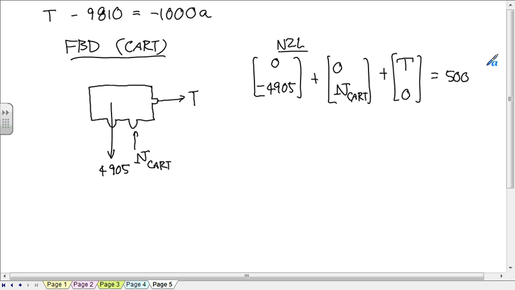So now I'm going to write this as a, 0, where that a is the same variable. Whatever a is, if it has a downward acceleration of 5 meters per second squared, then the cart is going to have an acceleration to the right of 5 meters per second squared, and that's what we have with that constraint now.